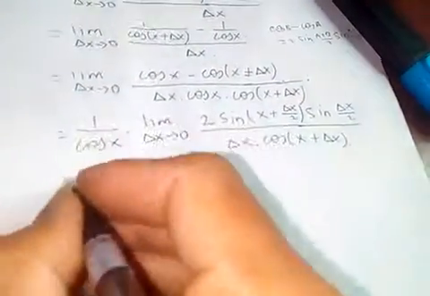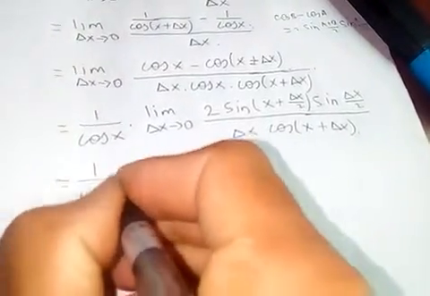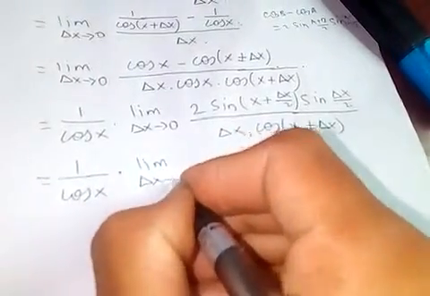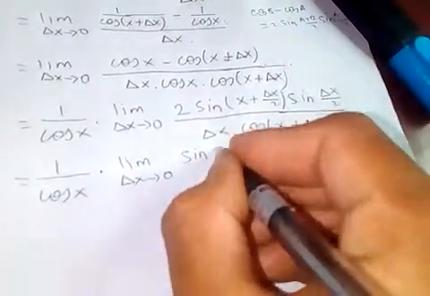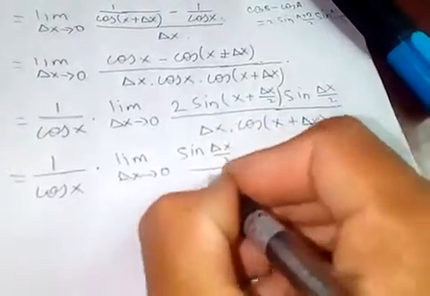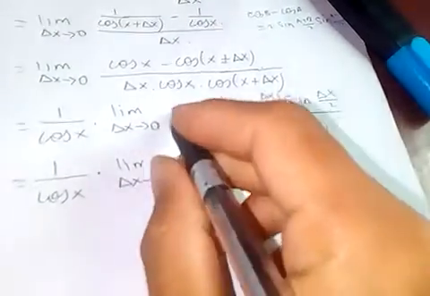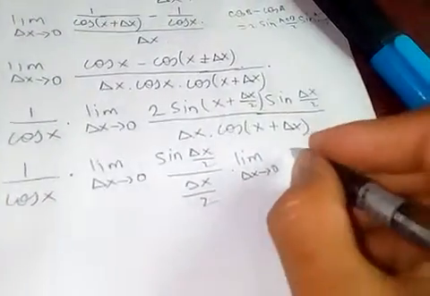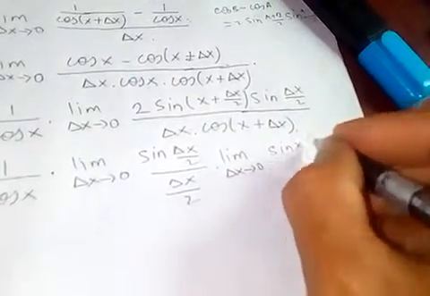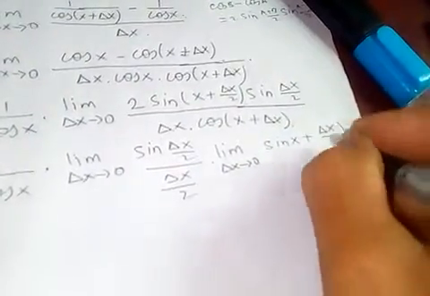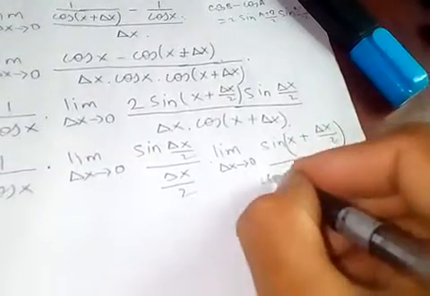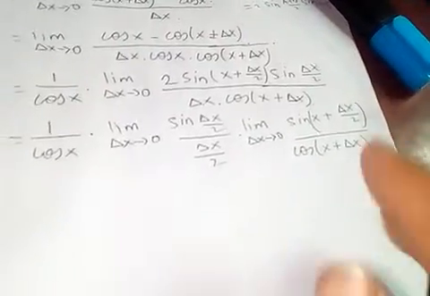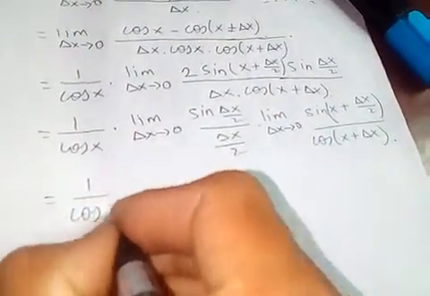Now using the properties of limit, 1 over cos x times the limit as delta x tends to 0 of sine of delta x over 2 divided by delta x over 2, this and this one, into the limit as delta x tends to 0 of sine of x plus delta x over 2 over cos of x plus delta x, which is 1 over cos of x.